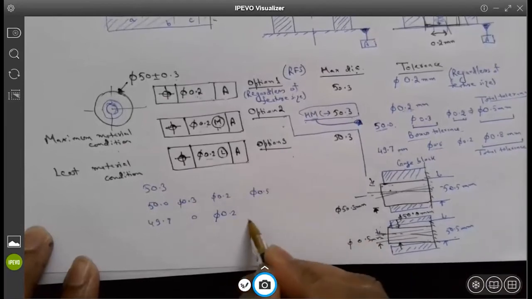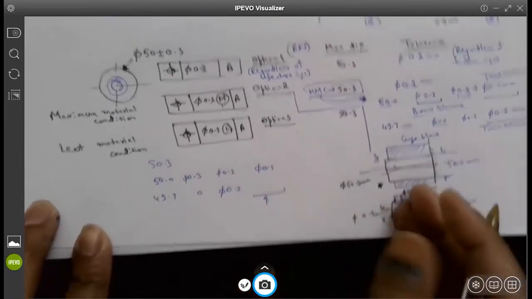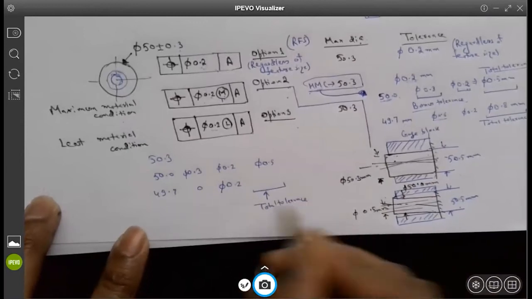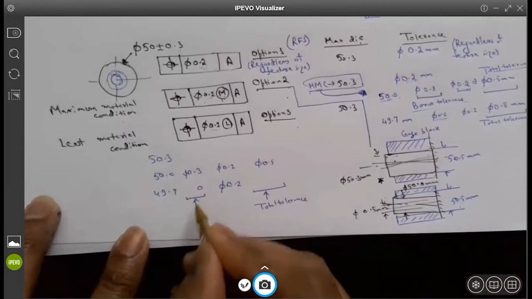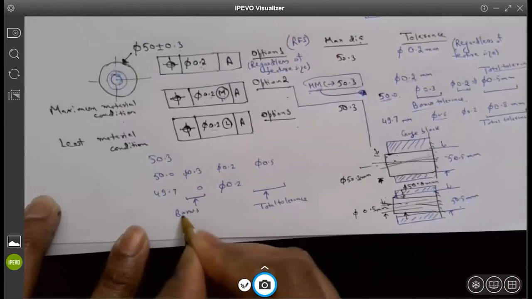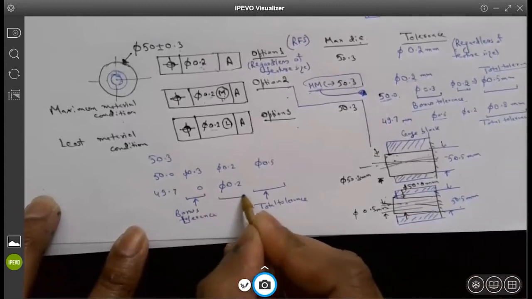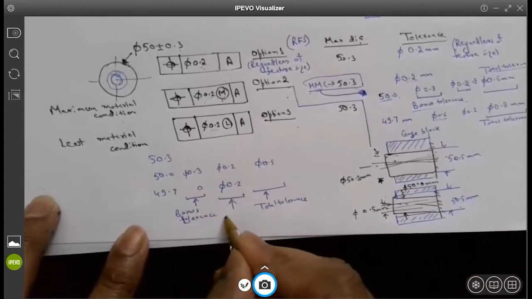This is total tolerance. This is bonus tolerance. This is actually specified tolerance.